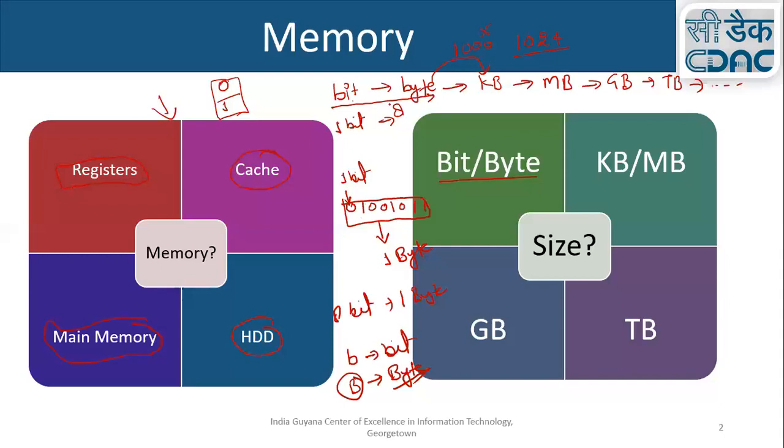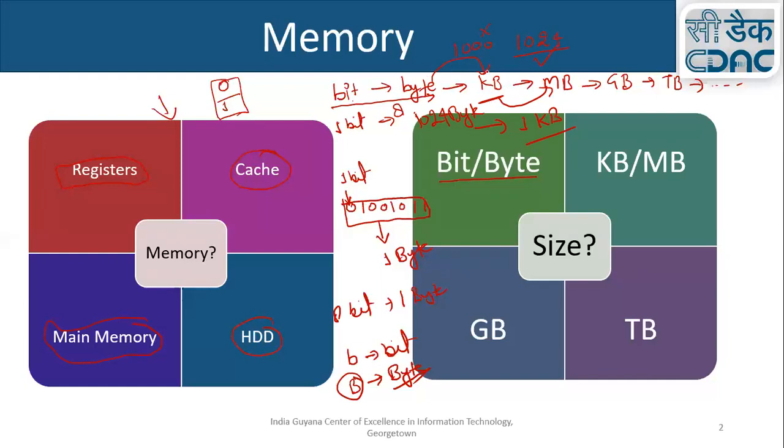So in 1 kilobyte, you have 1024 bytes. If you have 1024 bytes, you can write it as 1 kilobyte. And from kilobyte to megabyte, again it's 1024.